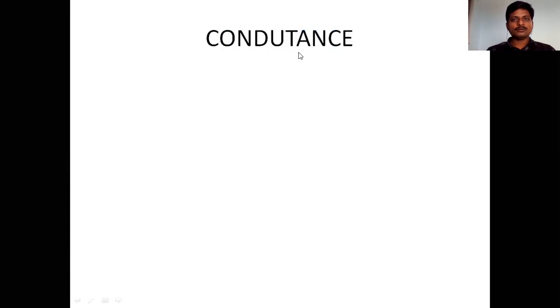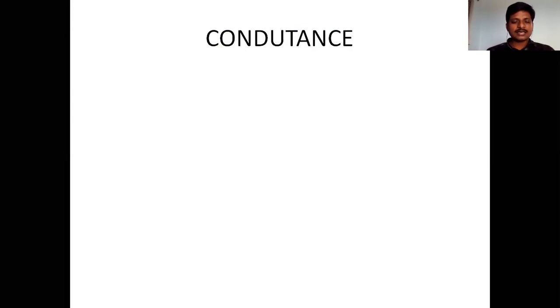Now let us talk about conductance. Conductance is just the inverse of resistance. Resistance is a property of a material which opposes the flow of current, but conductance is the inverse.